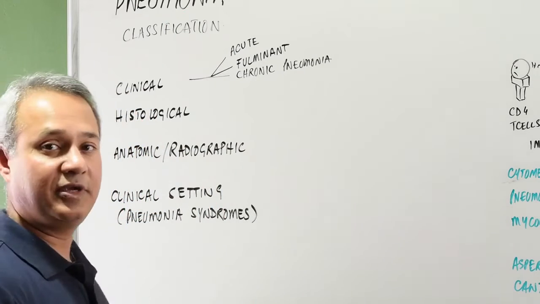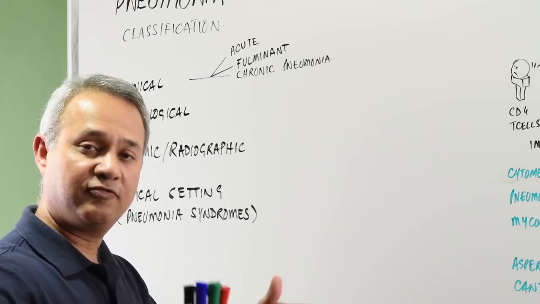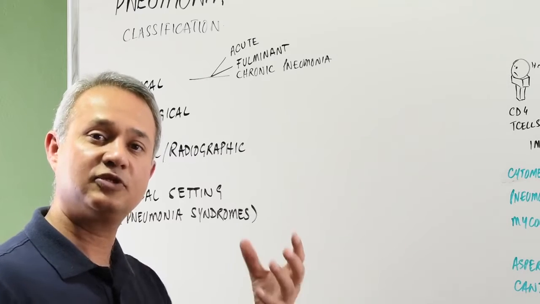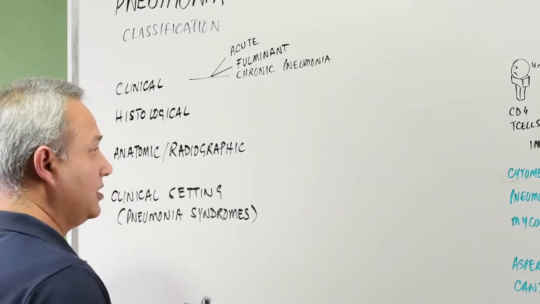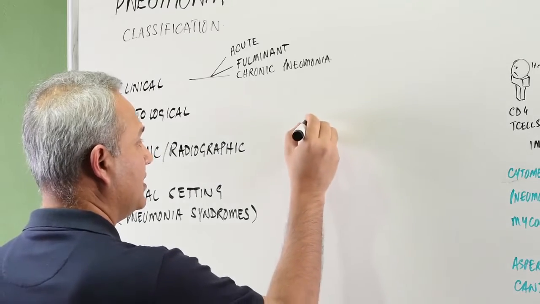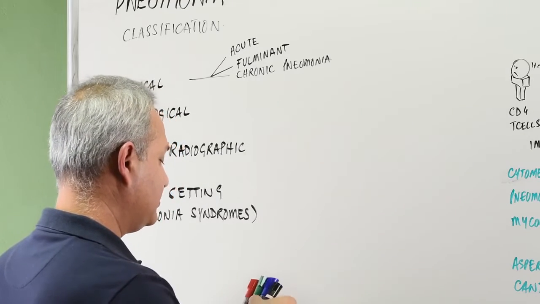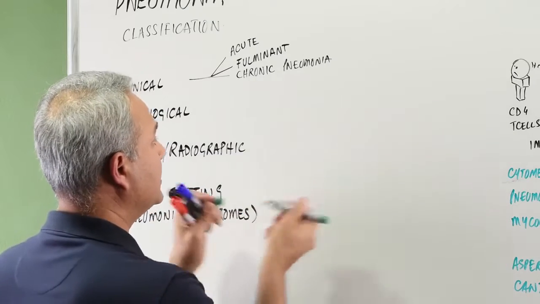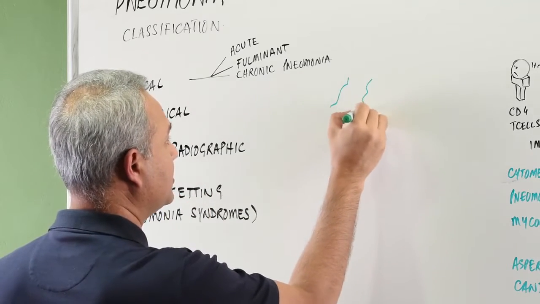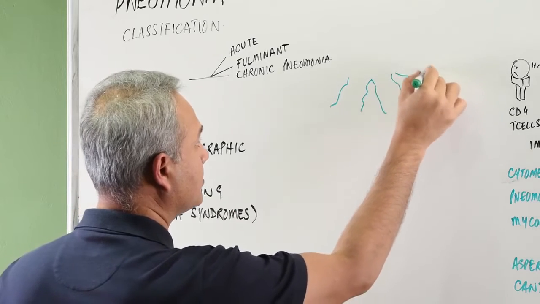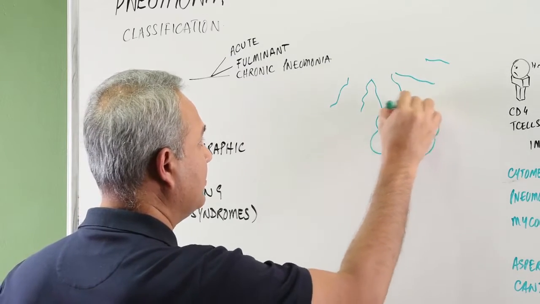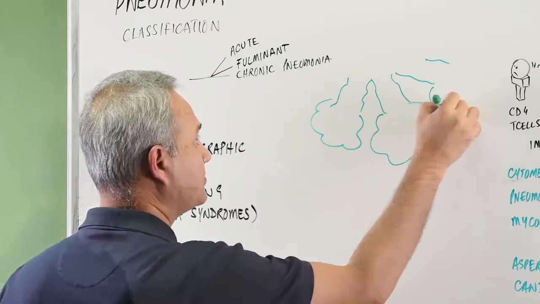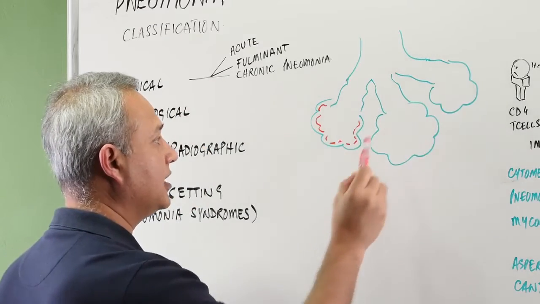Histologically, pneumonia can be divided into multiple types of pictures. One type is where the alveoli, so if I make a respiratory system here, and let's say these are the alveoli.